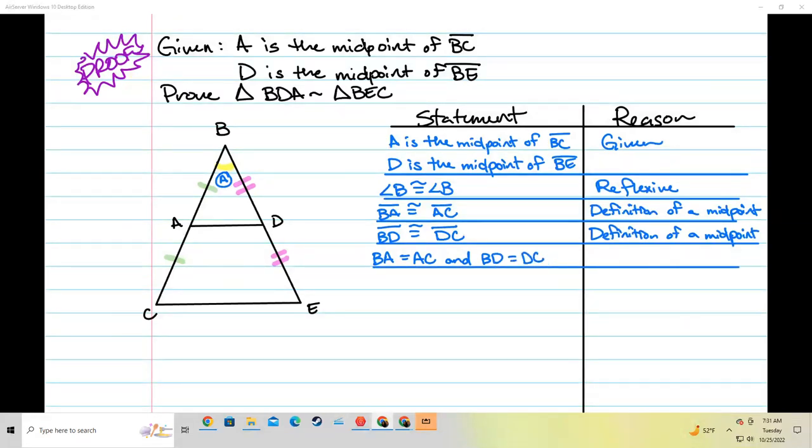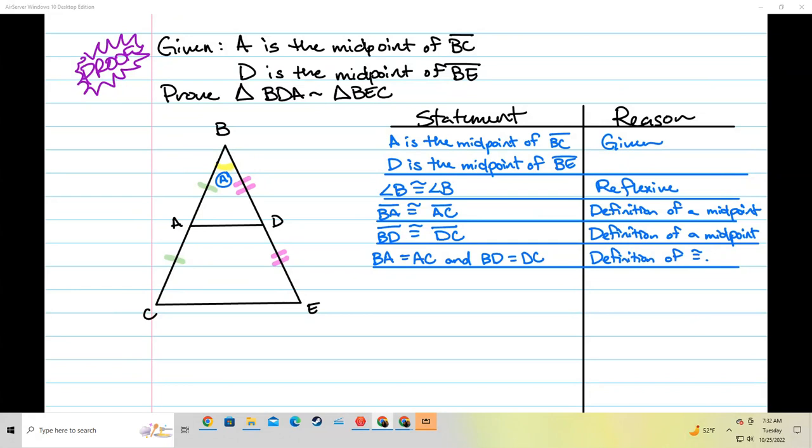Let me just give you this one. We're going to say that these two are equal because of definition of congruence, that's what congruence means, that they are going to be the exact same length. Again, don't get hung up on that one. I promise you on a quiz or an exam, I will give you that one. You're not going to have to worry about it. So definition of congruence, we just changed those sticks into numbers.